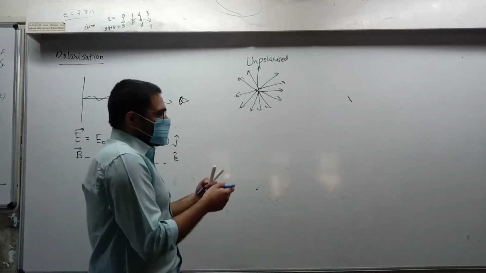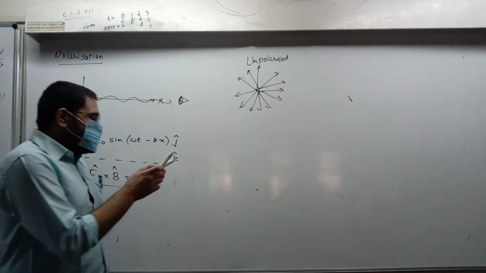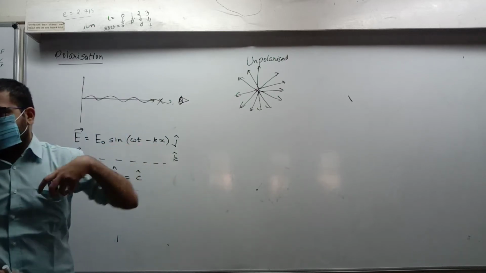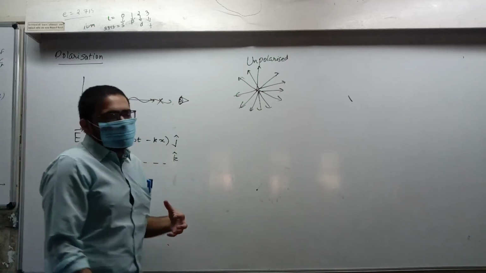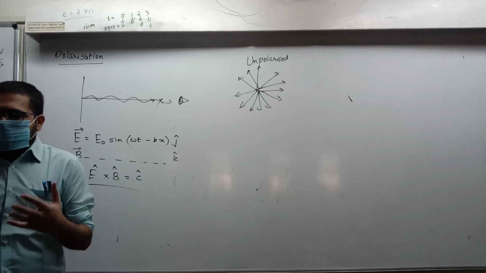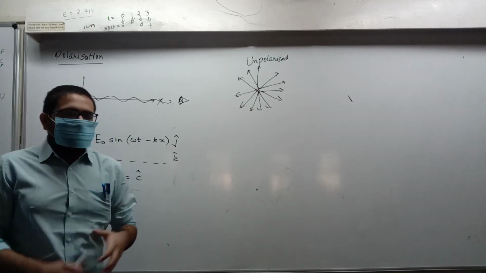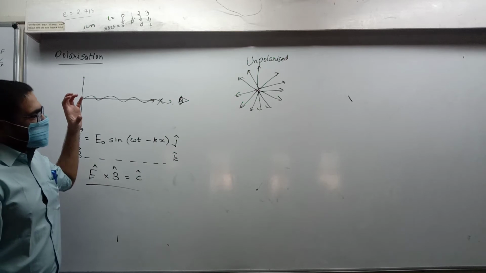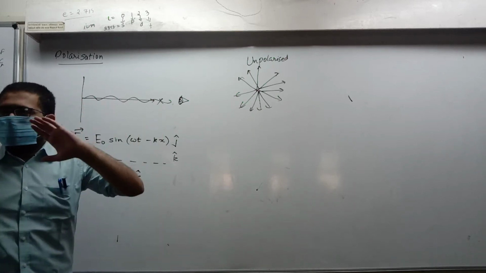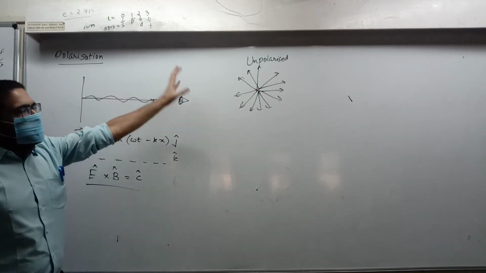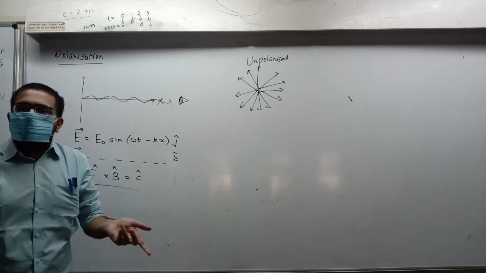Unpolarized. Okay, so that is unpolarized light. Now, you see, there are some substances which are optically active. Okay. Now, what happens is that when light passes through such a material, unpolarized light becomes polarized.